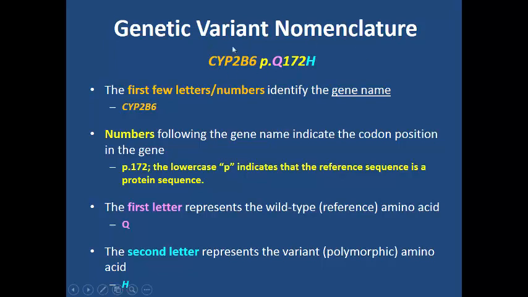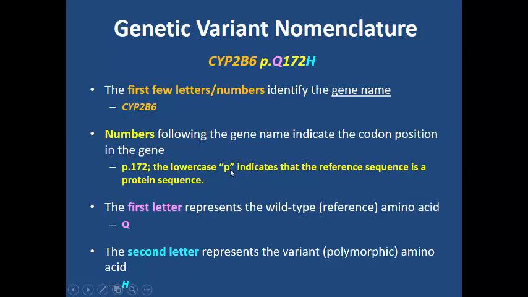So let's look at this example. We have CYP2B6 p.Q172H. Again, the first few letters identify the gene name. The numbers following the gene name indicate the codon position in the gene. So you have p.172. How do I know that it's the codon position?